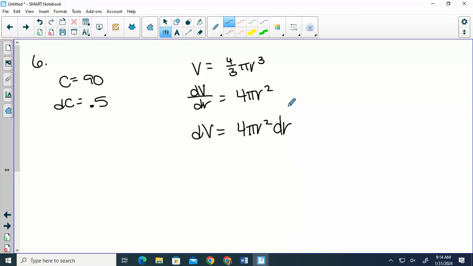So I need my r and my dr. Those were not what I gave you, but we know circumference is 2 pi r. So if 90 equals 2 pi r, divide by 2 pi, so my radius is 45 over pi.